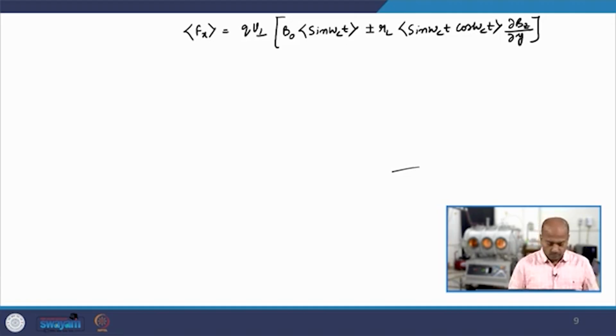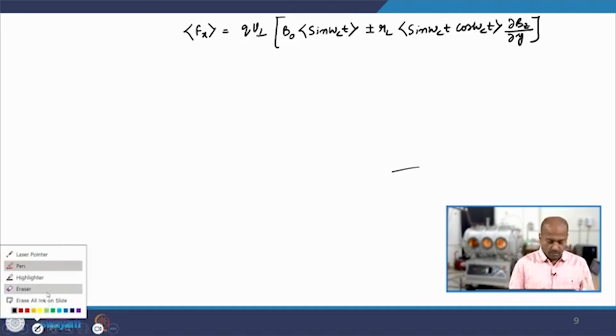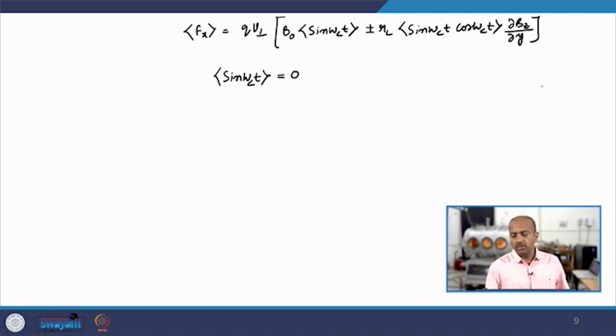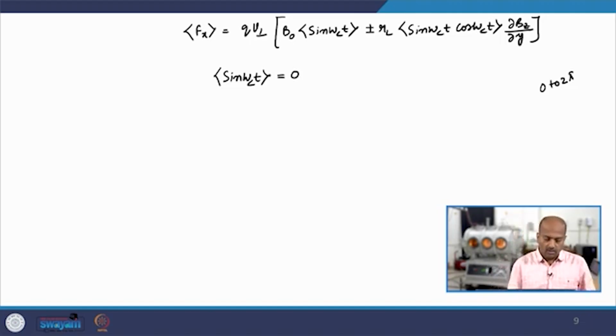We know from simple mathematics that the average of sin omega c t is 0, the average of sin omega c t between 0 to 2 pi, one gyro orbit, a 360-degree rotation, is 0, and at the same time the average of sin omega c t cos omega c t is also 0.